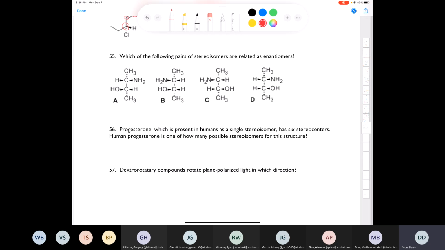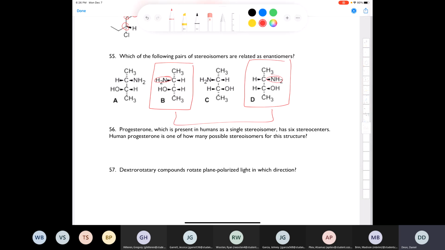Right, because we looked at the enantiomers of D-glyceraldehyde or D-glucose. That was in one of our lab reports. Would it be B and D? Sorry, which one's B and D? I'd say so. Yeah, B and D are enantiomers, right?